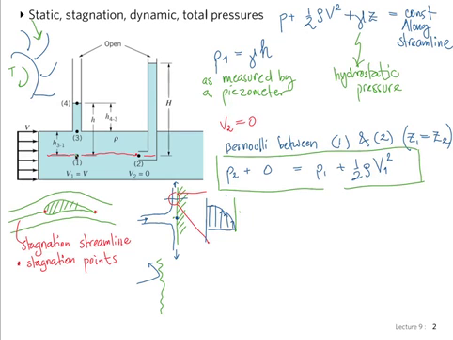So at point 1, we have p1 and 1/2 rho v1 squared. So what this is telling us is that the pressure at the stagnation point is larger than at 1. We're adding a positive number, 1/2 rho v squared.